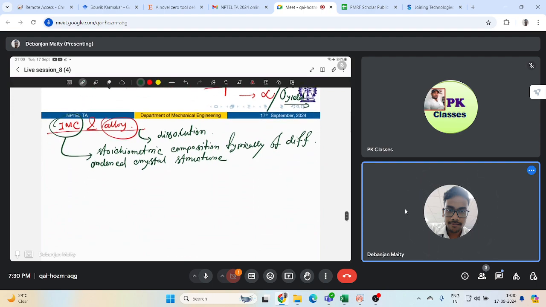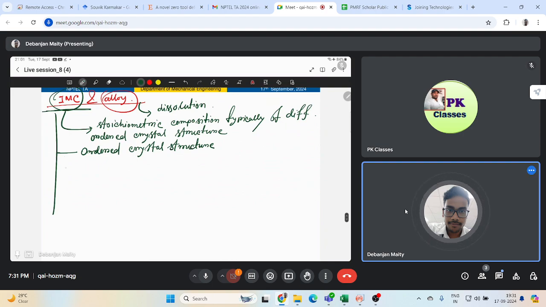So IMC will have an ordered crystal structure and definite symmetry in composition.